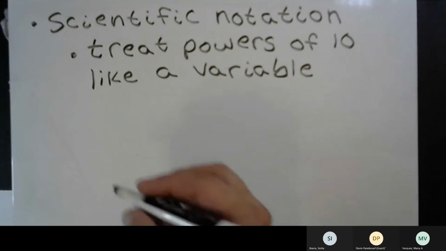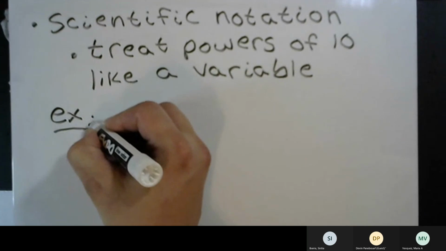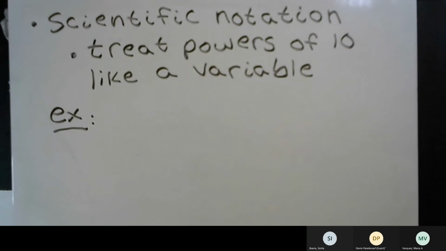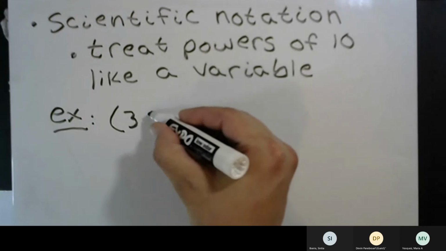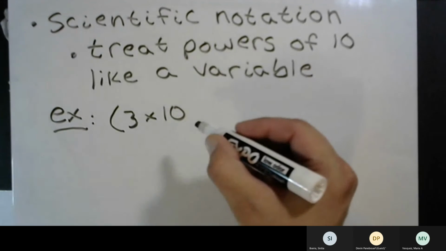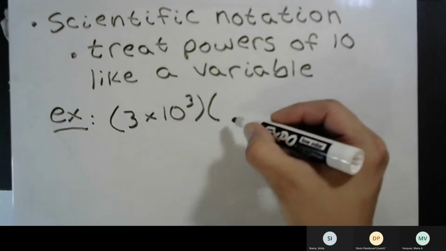So, for example, if we're multiplying two numbers in scientific notation, let's say we have something like this.